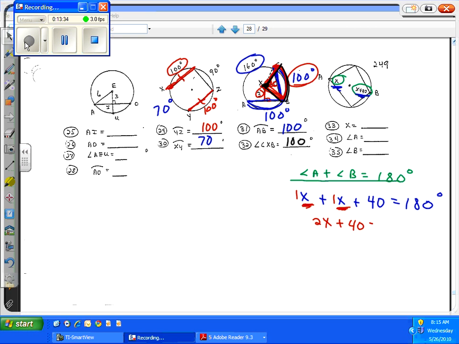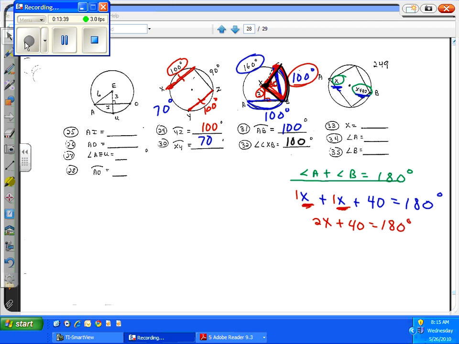So if a quadrilateral is inscribed in a circle, then opposite angles are supplementary. So angle A, which is x, plus angle B, which is x plus 40, equal 180. We're going to do anything we can to simplify. In the order, please excuse my dear Aunt Sally, looking for distributive property and combining like terms. Understood 1x plus understood 1x is 2x, plus 40 is equal to 180 degrees.